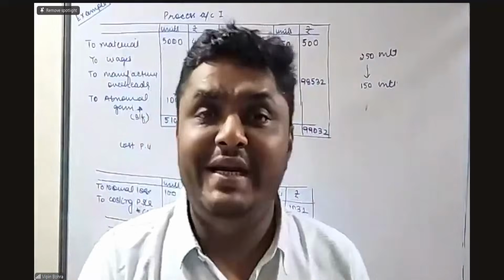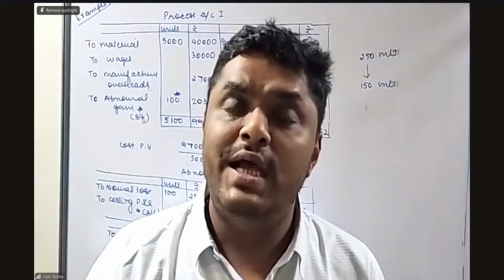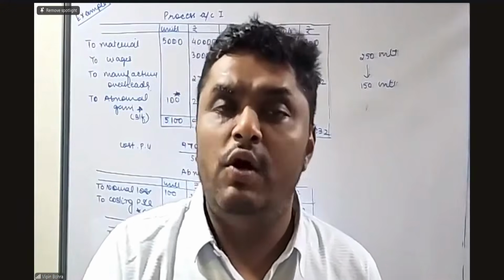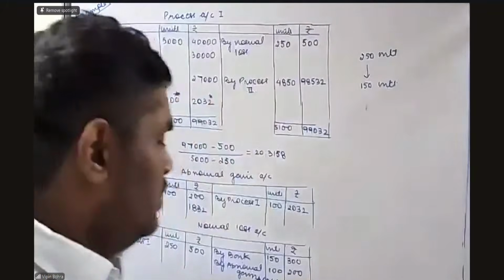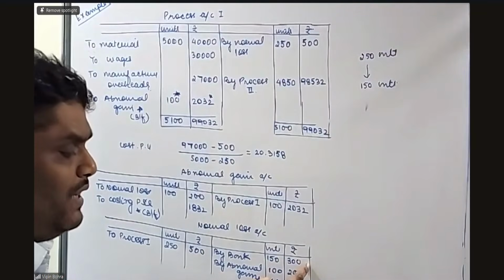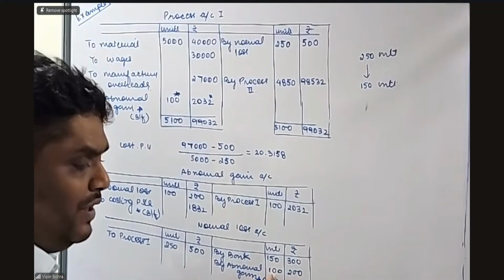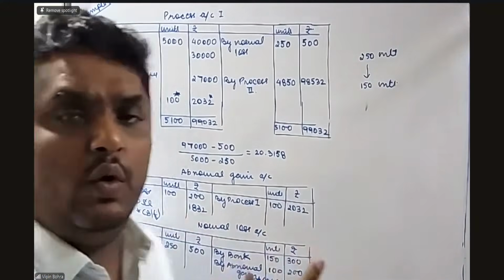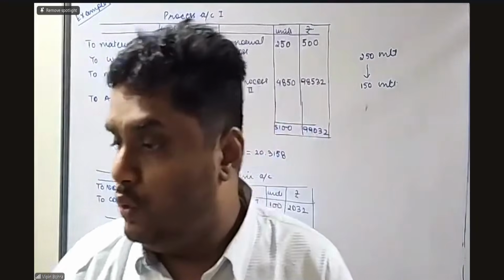Even though we were predicting a normal loss of 250 units, my actual units that were scrapped, there was a loss of only 150 units. So these 150 units are sold in the market, and balance 100 units were adjusted against abnormal gain. So the balance amount to be transferred to costing P&L is only 1832.